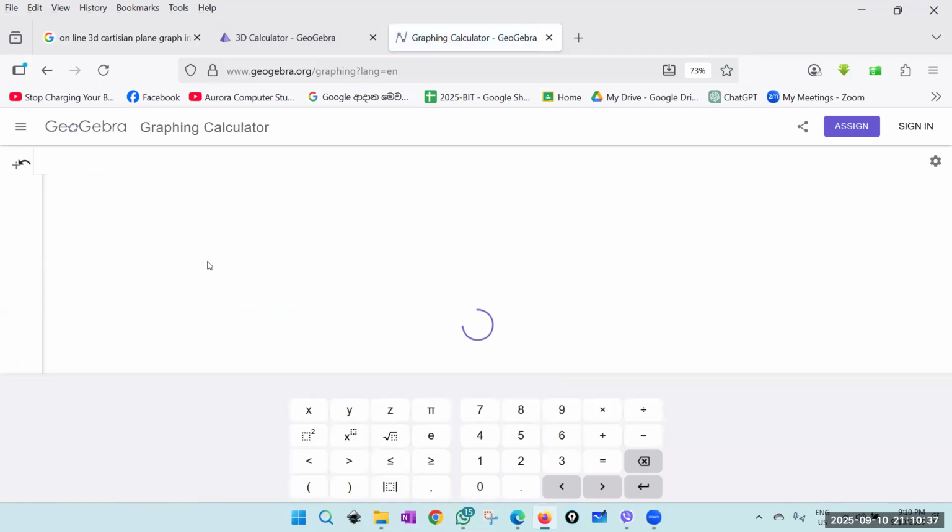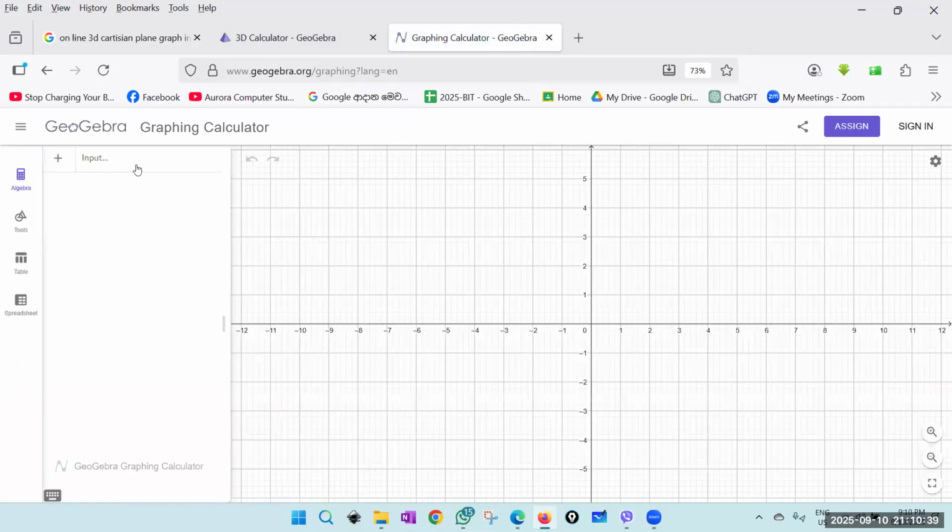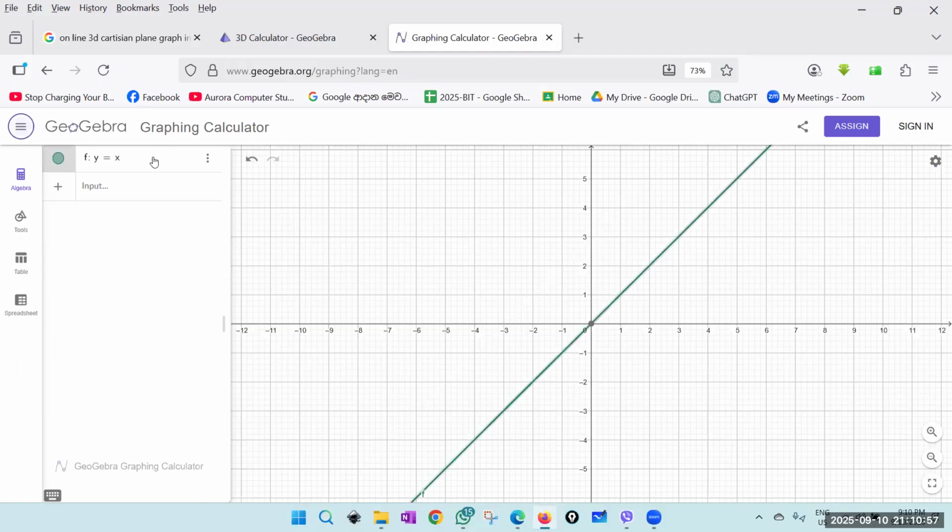Right. Y equal x line. How do I experiment with this? Y equal x plus 2 or x plus 3. You can see it is parallel to the y equal x line, but the intersection is 3. This is 2x, higher gradient.